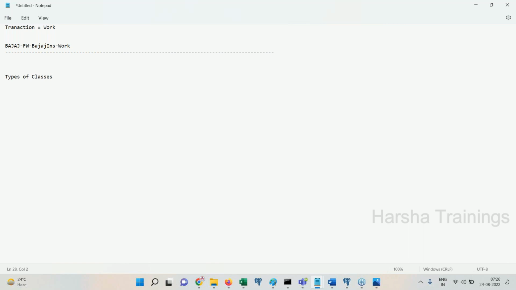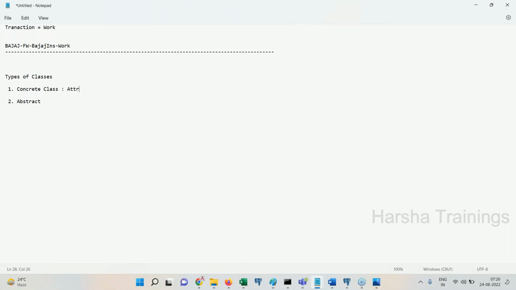First one, concrete class. See, in the object oriented programming system, there will be 2 types of classes: concrete class and abstract class. Whether it is concrete or abstract, no matter, both are classes. We already discussed that inside classes attributes will be there, functionalities will be there.